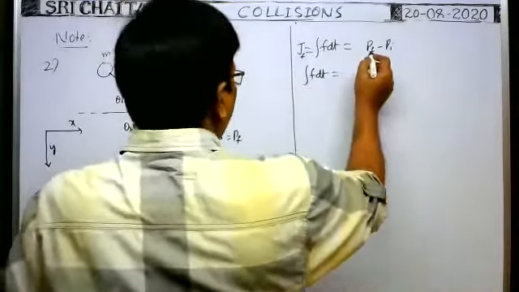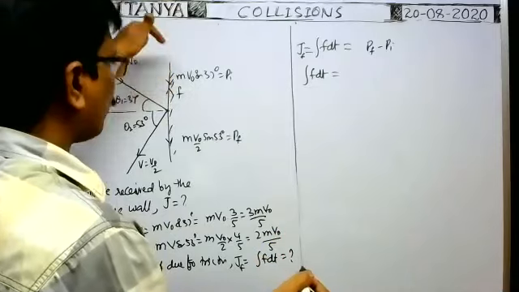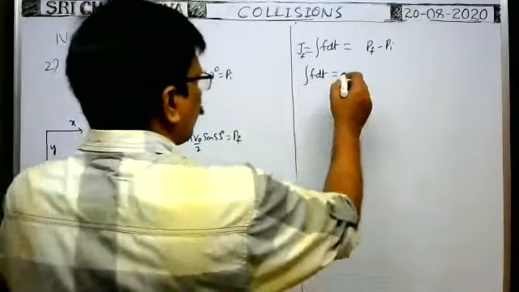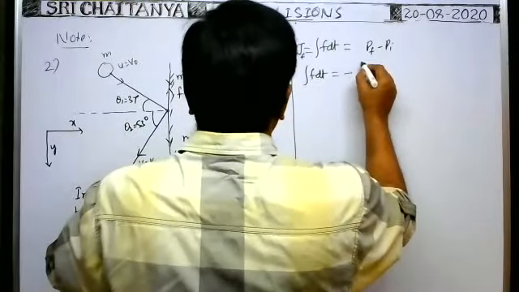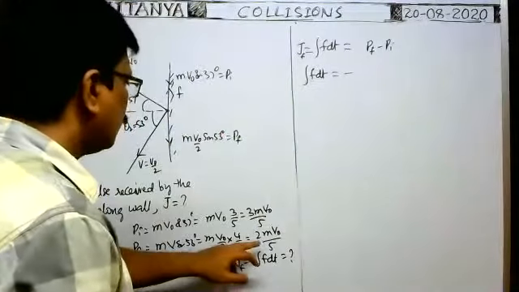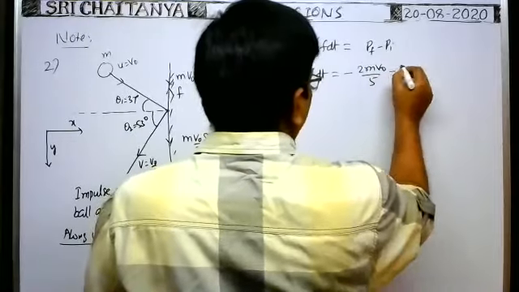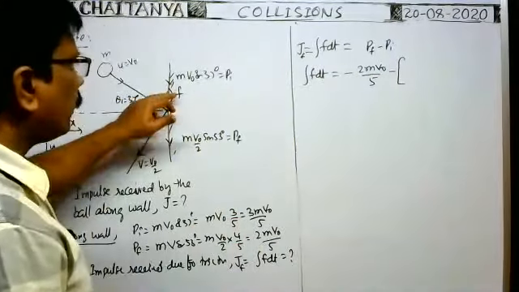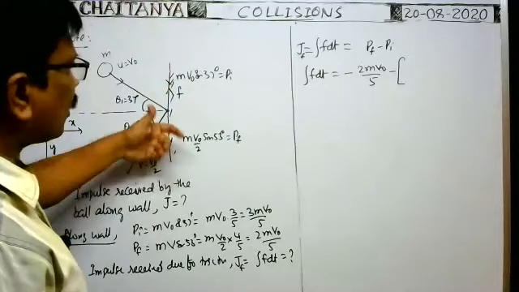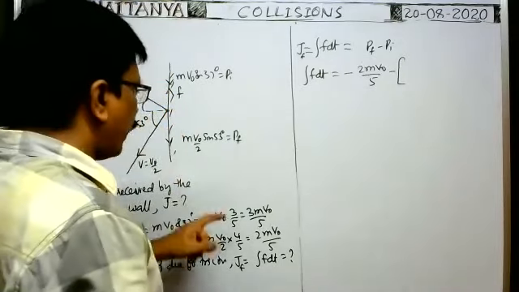So we substitute minus of the final momentum, which is 2 m v0 by 5, minus the initial momentum. The initial momentum is also opposite to the direction of the impulse due to friction, that's why we write minus.